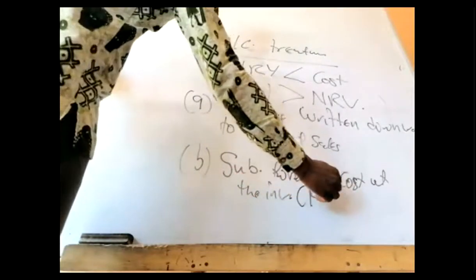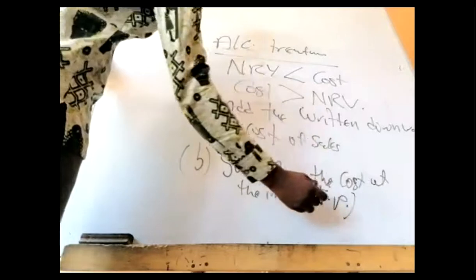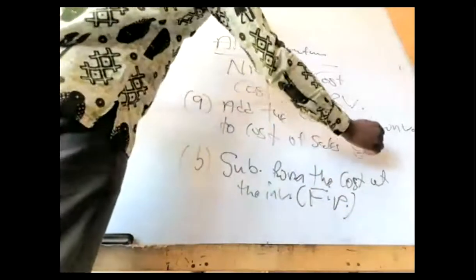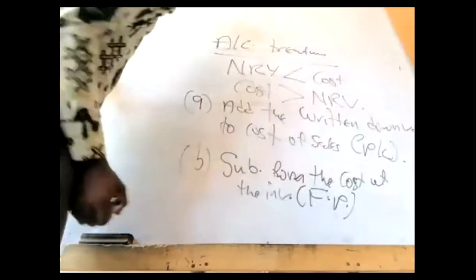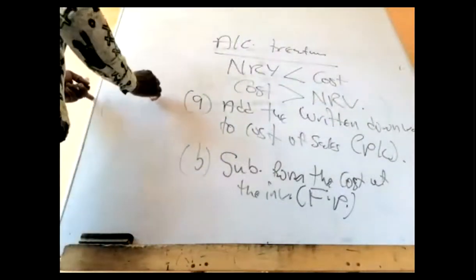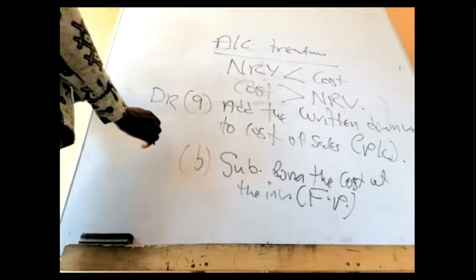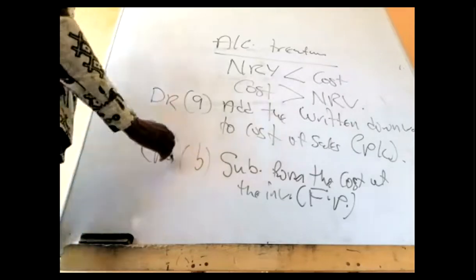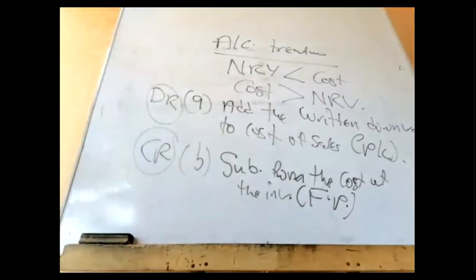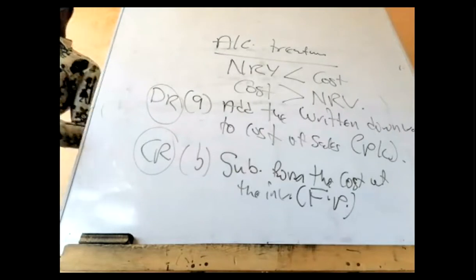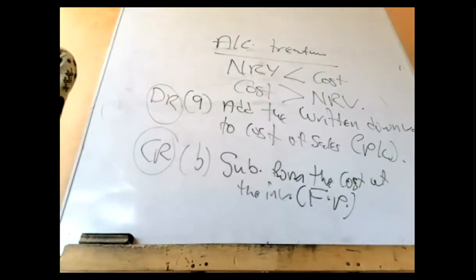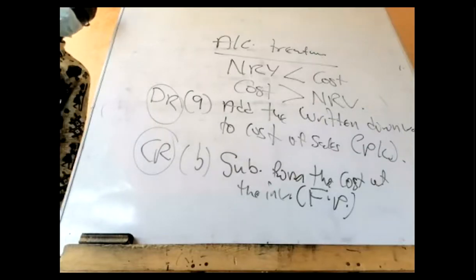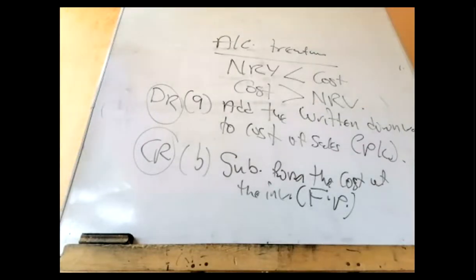But this is the financial position, the balance sheet, what goes to your current assets. This is the P&L. But this is the debit side and this is the credit side. So debit the P&L beside the cost of sales, and then you credit the inventory.